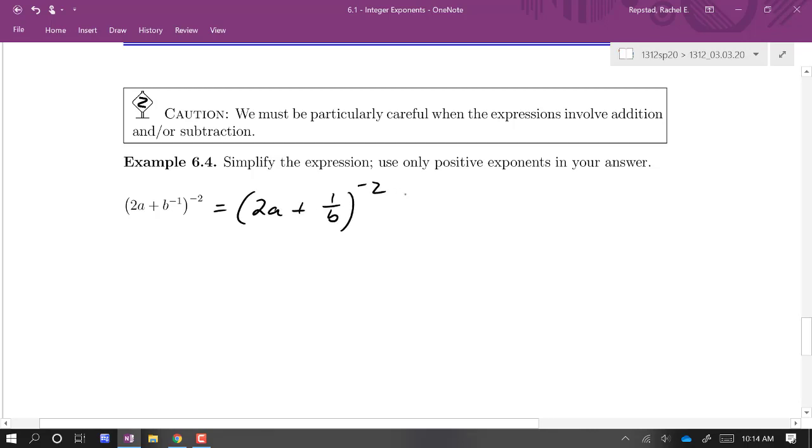I'm going to just ignore that -2 power for a second and ask, what can I do with this expression? Just forget that we're doing anything with exponents right now. If I see 2a plus 1 over b, what could we do?